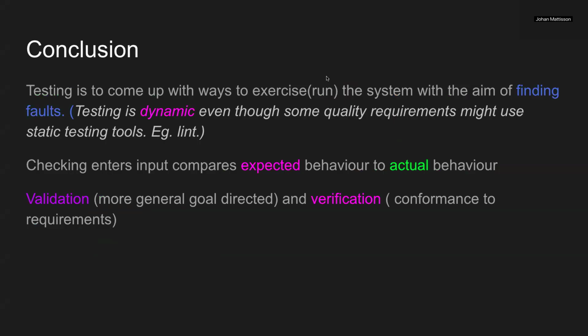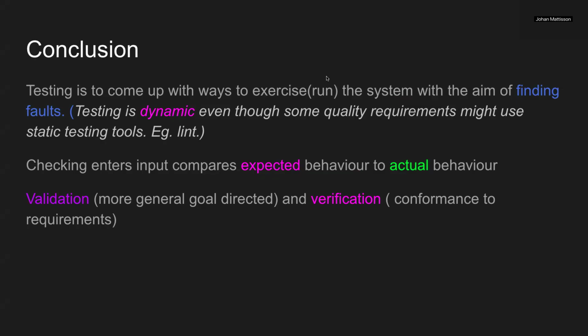So testing is dynamic, even though some quality requirements might use static testing. Do you understand the static testing part? The lint example, for instance: is the code formatted correctly? Those kinds of things can be part of it, basically.